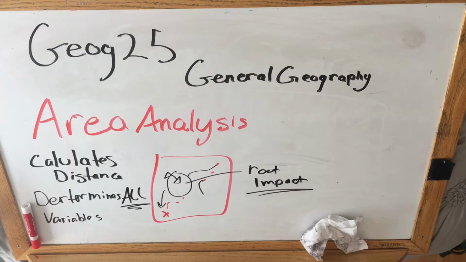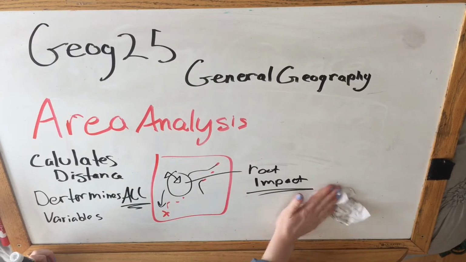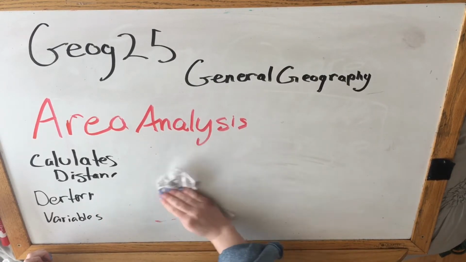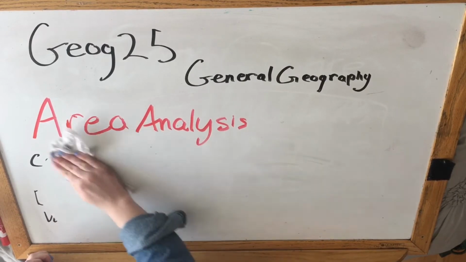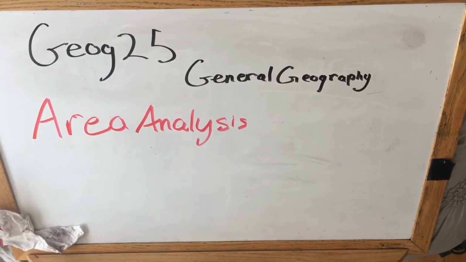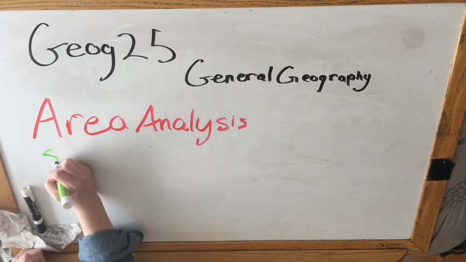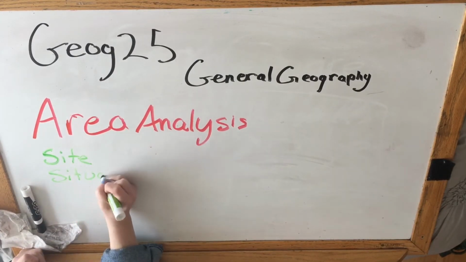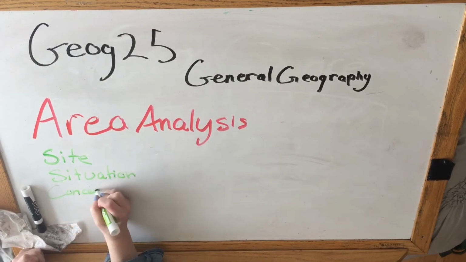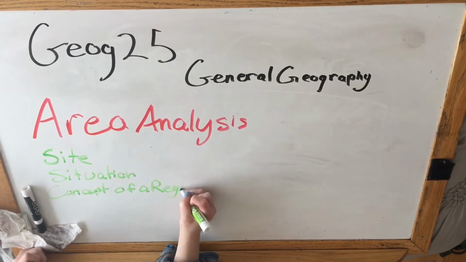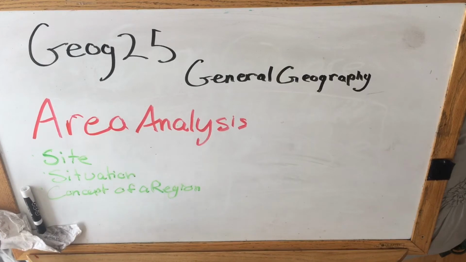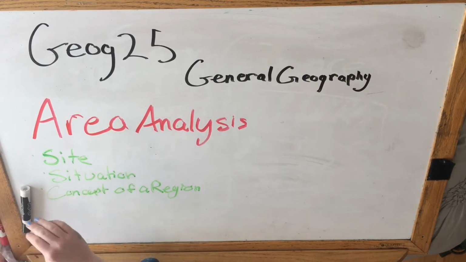So that is area analysis. So under area analysis, you are looking at your site, situation, and concept of a region. So site, situation, and concept of a region. These three things are how you analyze an area.